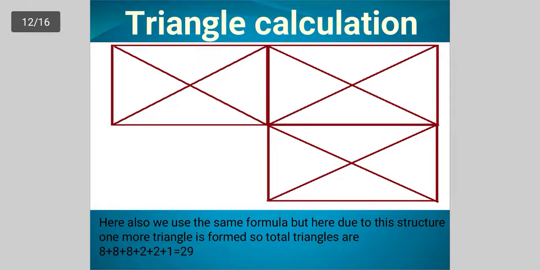So 8 plus 8 plus 2 plus 2 plus 1. Where is the 1? It is one other triangle in this figure. So here only 29 triangles. So we can solve 8 plus 8 plus 2 plus 2 plus 1. Total 29 triangles. Remember, don't forget.